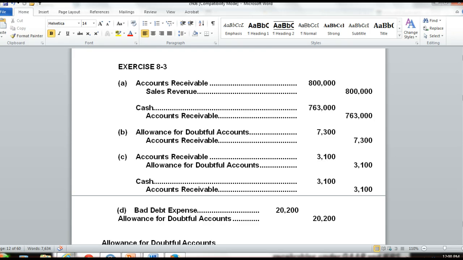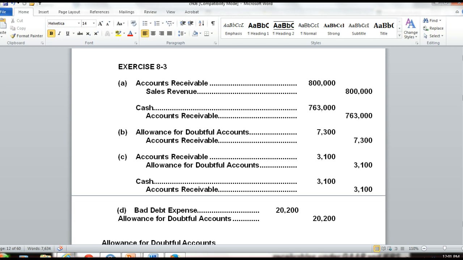Then we received collections of $763,000, so we'll debit our cash for $763,000 and reduce our accounts receivable for $763,000. Next, we wrote off an account, and so we're going to debit our allowance for doubtful accounts for $7,300 and credit our accounts receivable for $7,300.